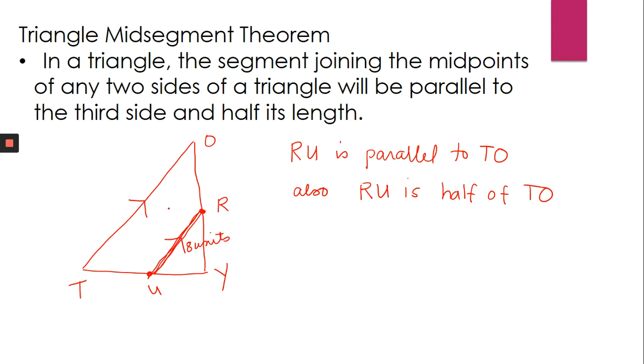If this is half of this, what is the measure of TO? Therefore, TO is, this is 8, so 16 units. So how did I get 16? I'll get twice of 8 units, okay? So this is half, I will get double of this to get TO, because TO is longer than RU.